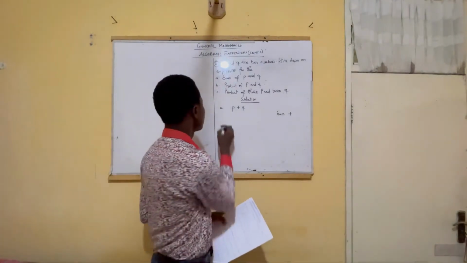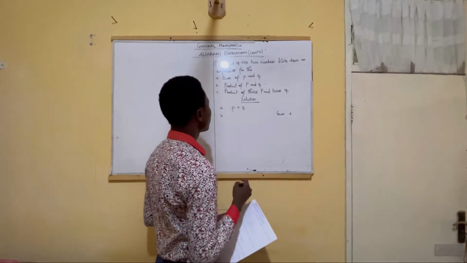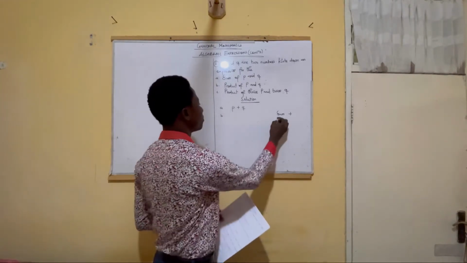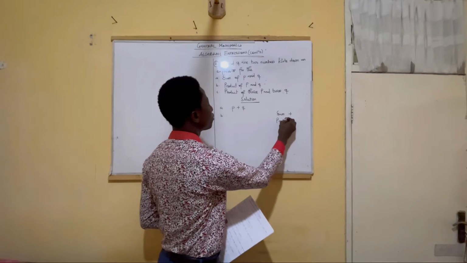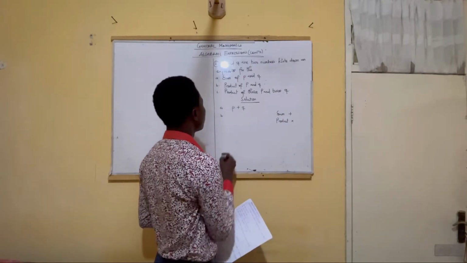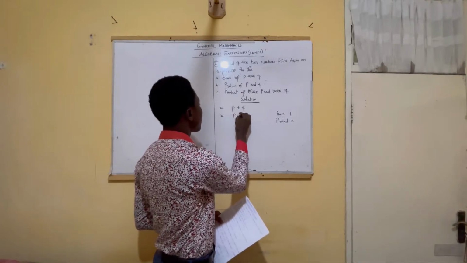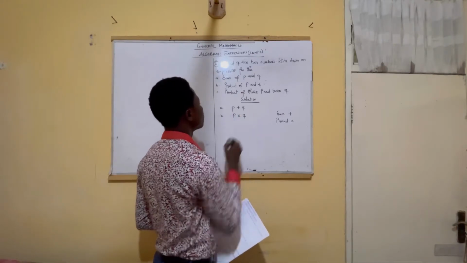With the second part, in mathematics, when we say product, it means multiply. So the product of P and Q means P times Q.